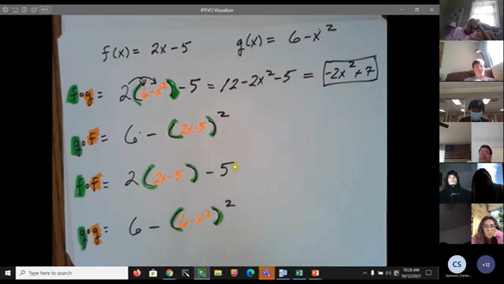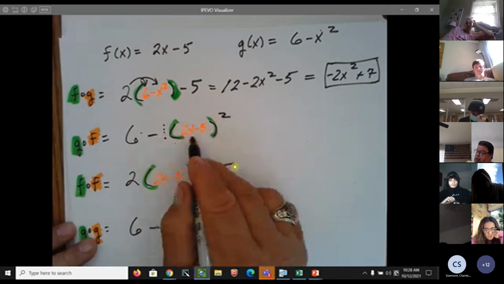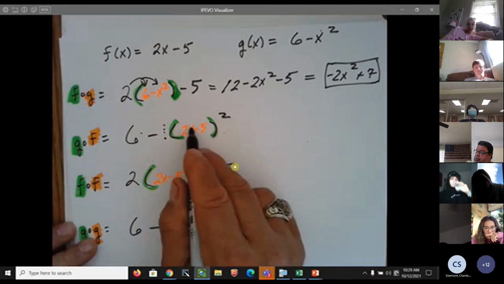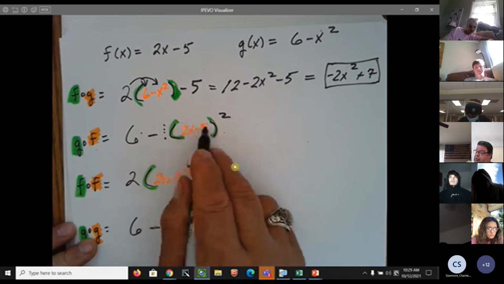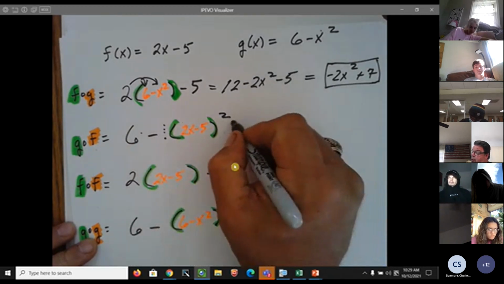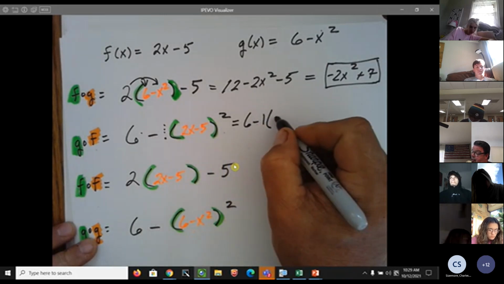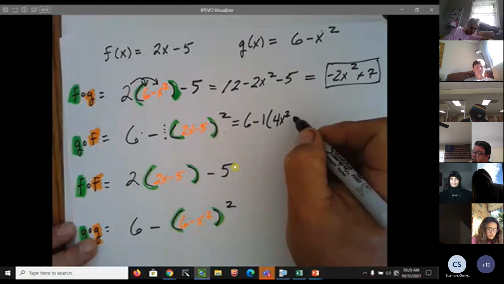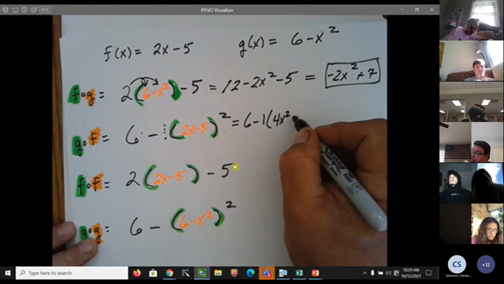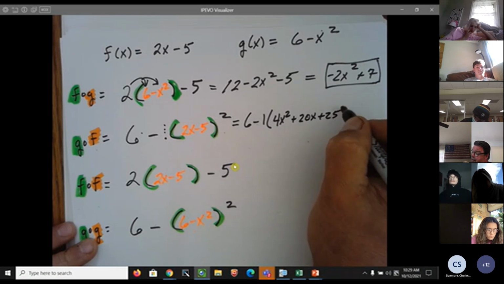Y'all check my math, please. This is a -1, but you've got shortcut number 2 right here. So I can't do that -1 until I do the shortcut. So 6 minus 1 times 4x squared plus 20x plus 25.